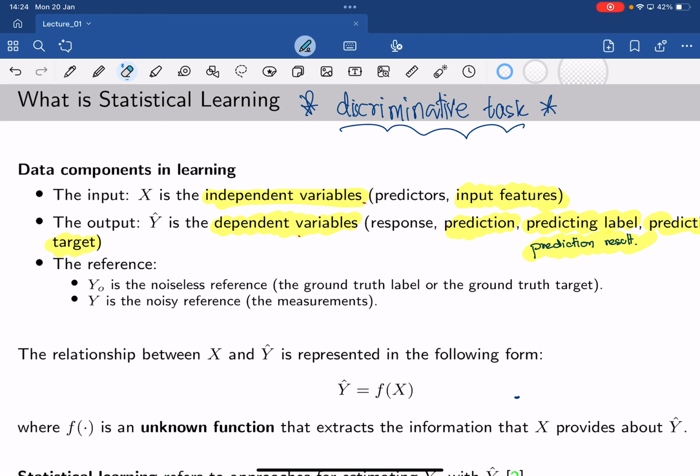Okay. And the last thing that we need in our learning system is what we call reference. Reference is needed for two reasons. The first reason is that we use it in training the model or learning the model parameters. That is your first objective.